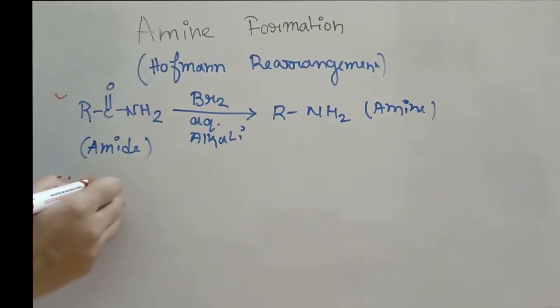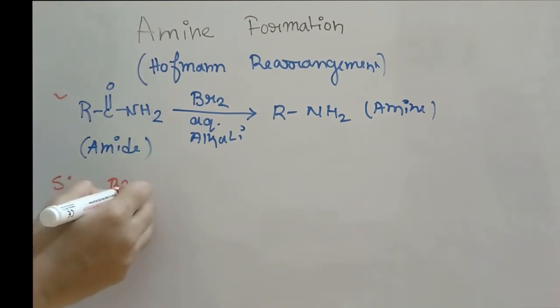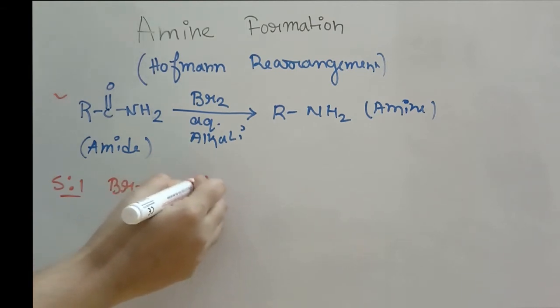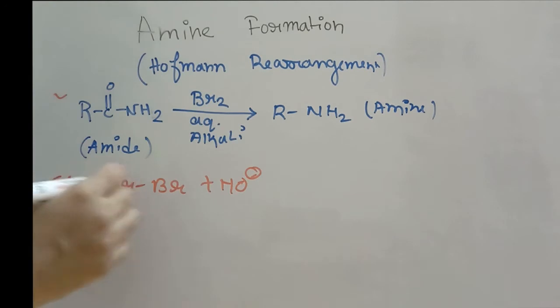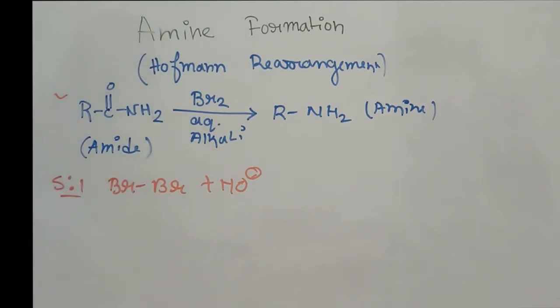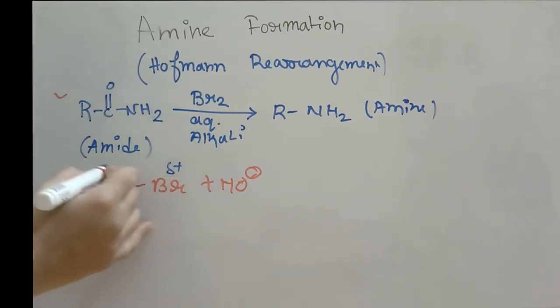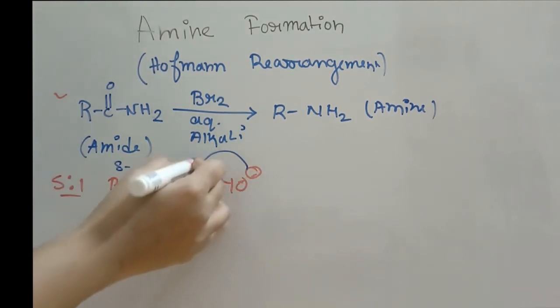In step 1 we have bromine and base. In bromine, Br2, there is no electronegativity difference, but we can think of it as delta positive and delta negative. So HO minus will attack.